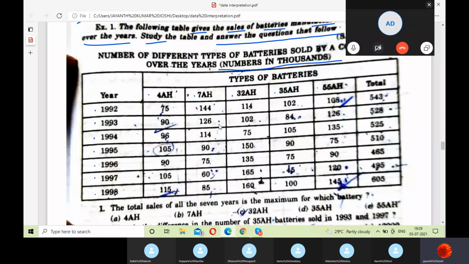7Ah sales figures have been given, 32Ah sales figures have been given, 35Ah sales figures have been given, 55Ah sales figures have been given. This is the sum total of the total sales of all the batteries.